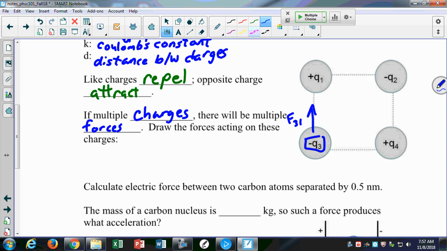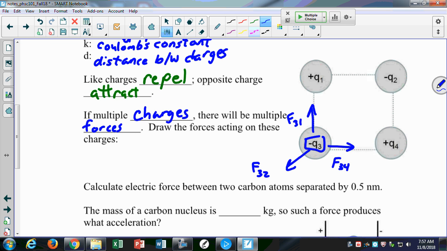What would be the direction of F32? That is a force on this particle due to this particle. It's going to be repulsive, right? So the force can either be in this direction or in this direction, and it's going to be in that downward direction. Very good. So F32 is going to be in this direction, and then F34 is going to be an attractive force.